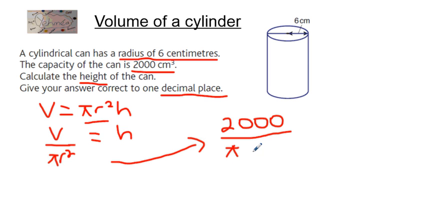Okay, so I have pi times 6 squared, because the radius is 6. And if you put that in your calculator, you will get 17.168 and so on.